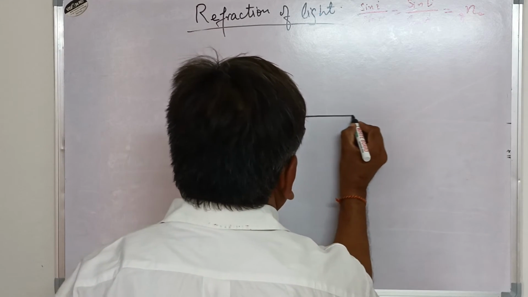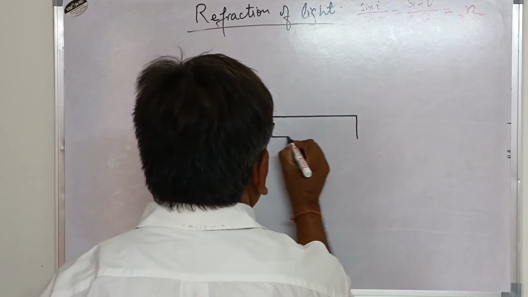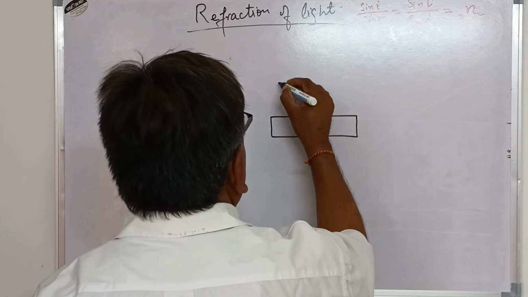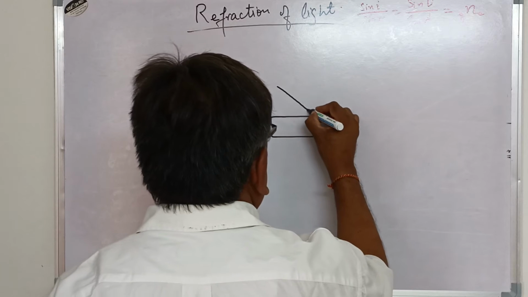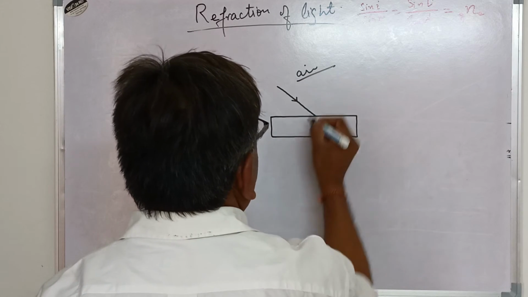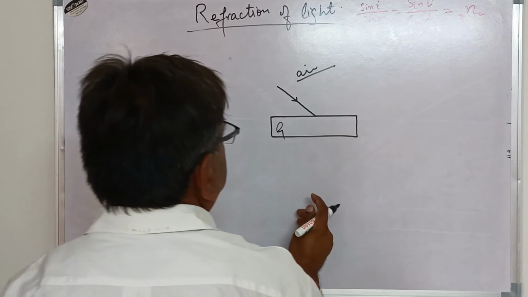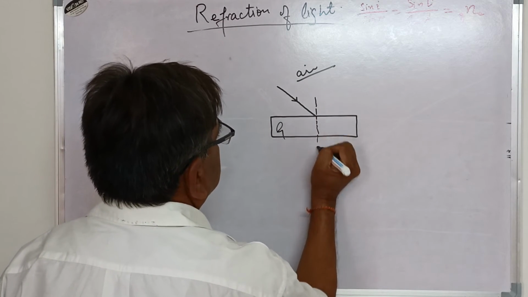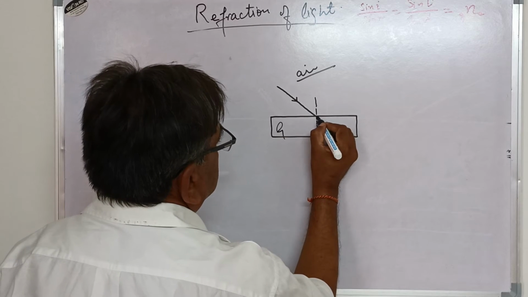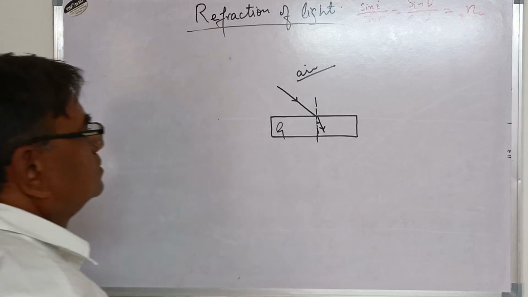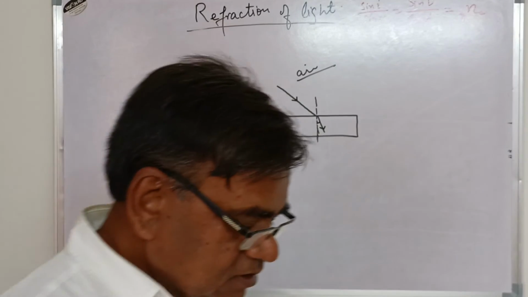This is a glass slab or bar, and when the light ray goes from air, a rarer medium, into glass, a denser medium, what happens at the normal? It bends towards the normal. This is the answer.